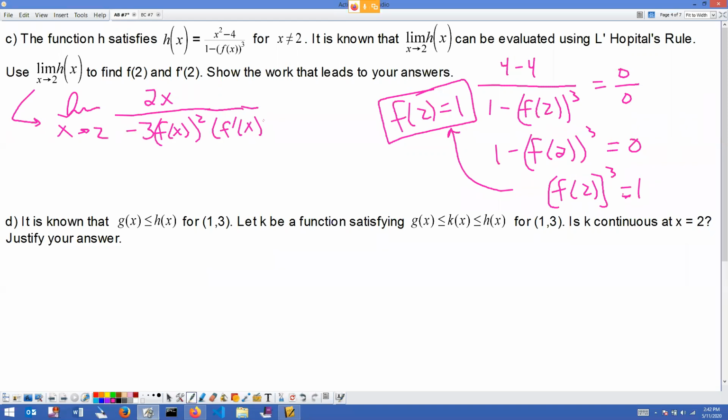It's a function cubed, so that's 3 times the function squared times the derivative of the function using the chain rule. Everybody good with that so far? Any issues with that?